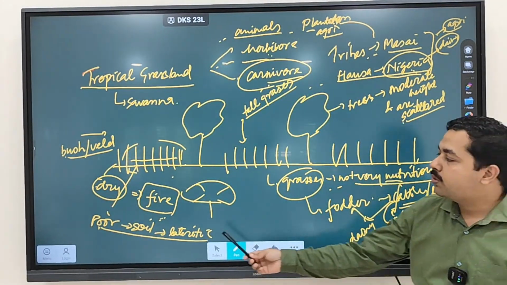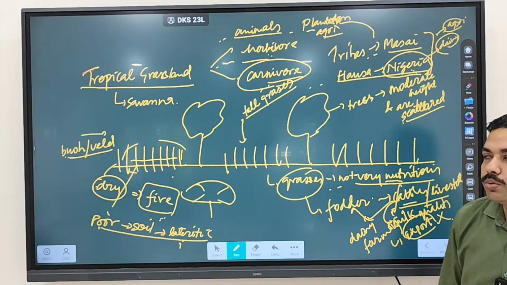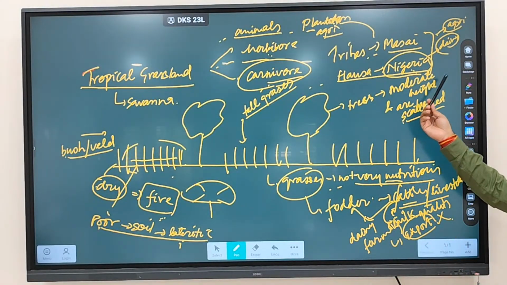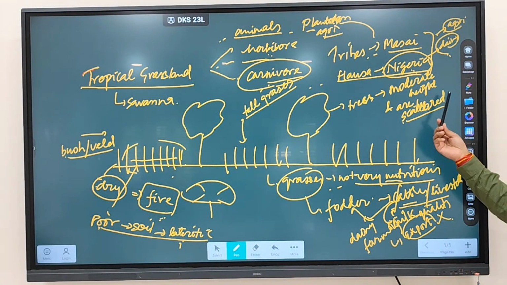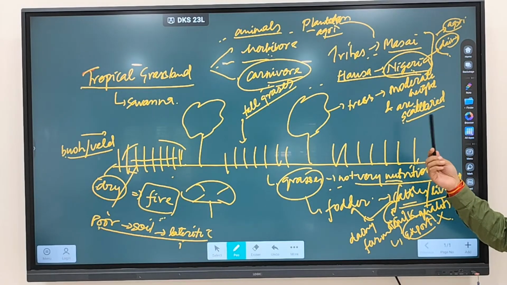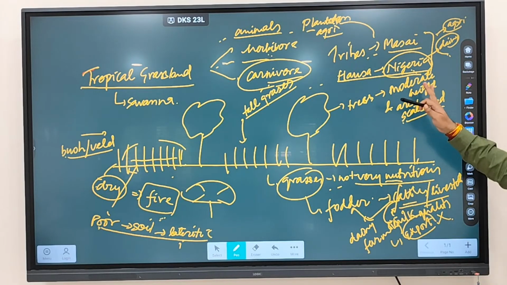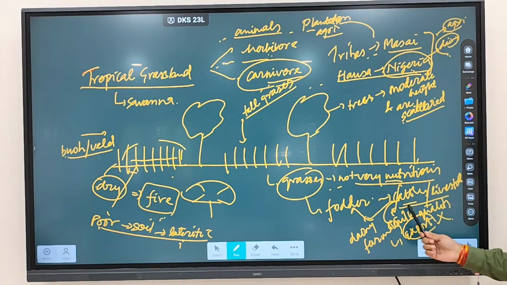The soils are poor, lateritic soil, and as a result not much agriculture is practiced, not much cattle rearing, and not much export is done because the quality of grasses is not very good in this region. Fine. Any doubt regarding this part?